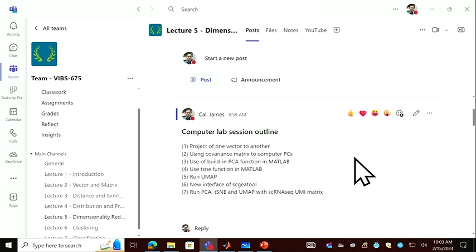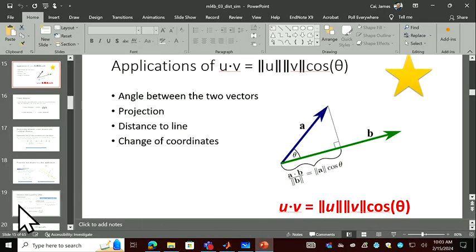Okay, so this is what we are going to do today. We first will revisit what I said is the most important page in this lecture, which is the application of dot products between two vectors.